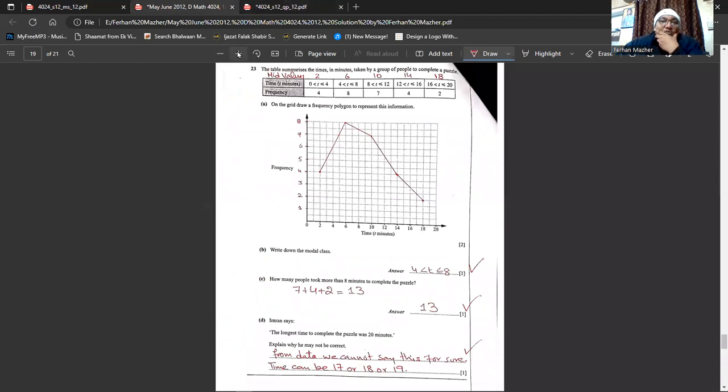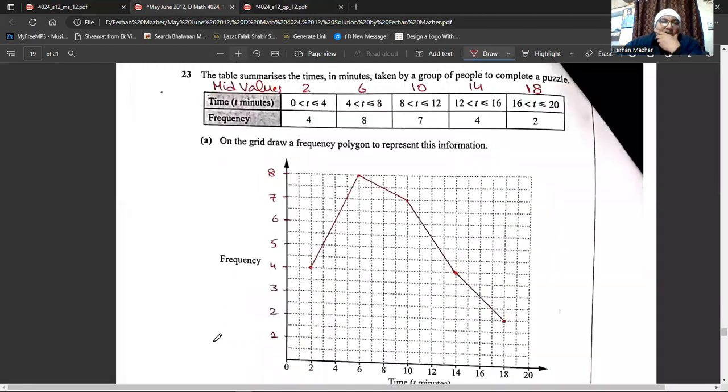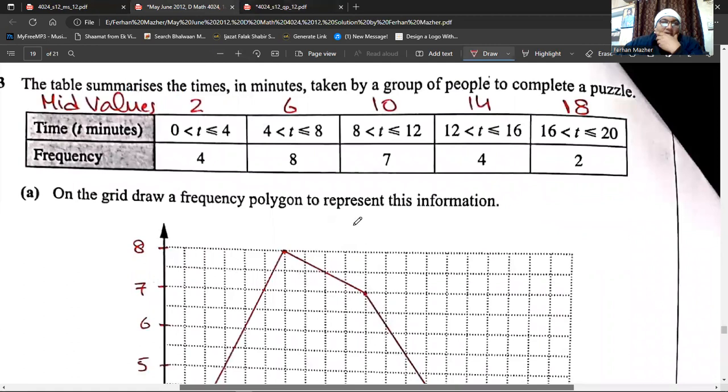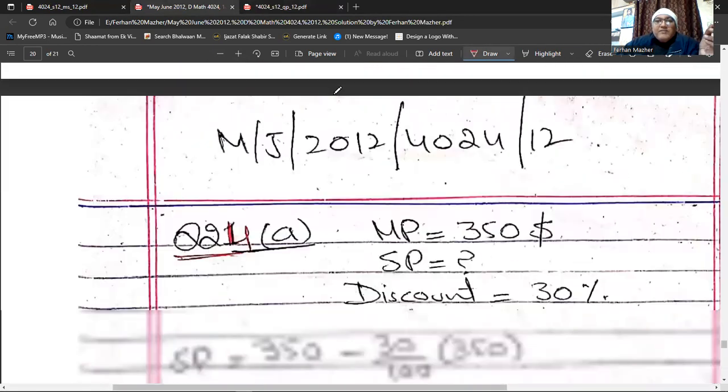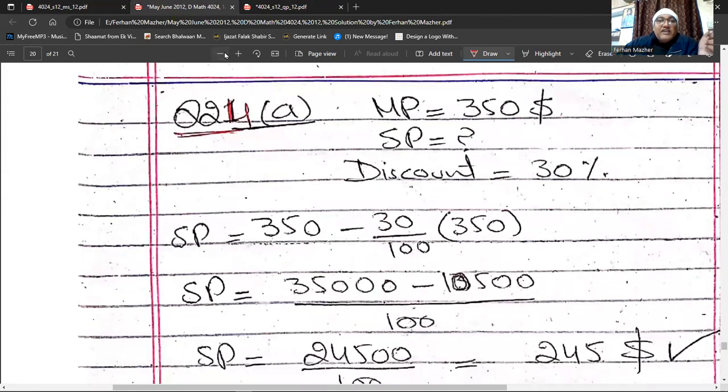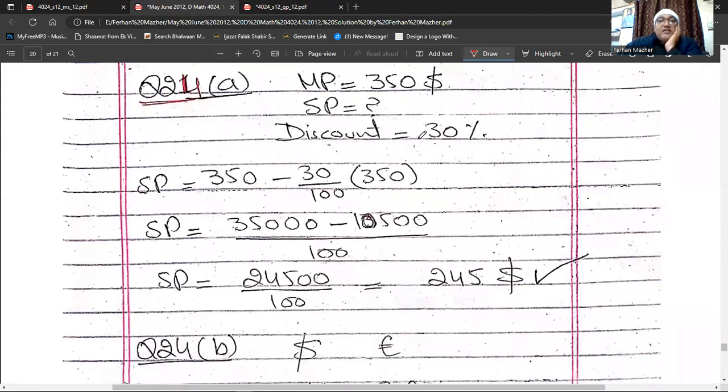So we can very easily find out: the sale price is equal to the marked price minus the discount, and the method is very simple. The marked price is $350. The discount is 30% of the marked price. So the sale price will be 350 minus 30% of 350. Take the LCM.